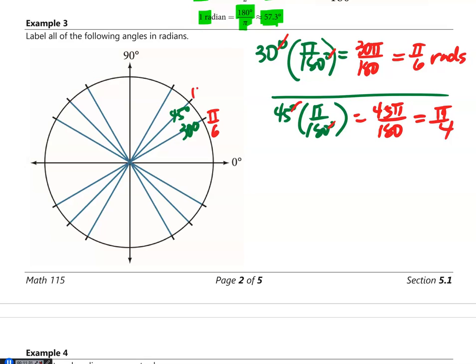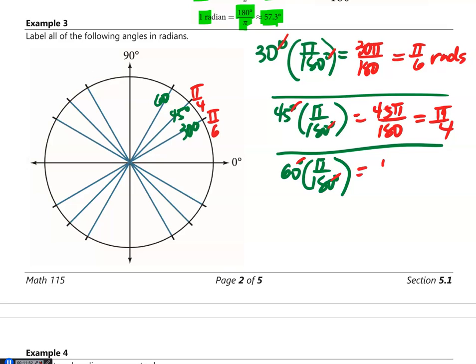So this is pi over 4. Next one, this is 60 degrees. So 60 times pi over 180, 6 over 18 is 1/3, so that is pi over 3 radians. So pi over 3.